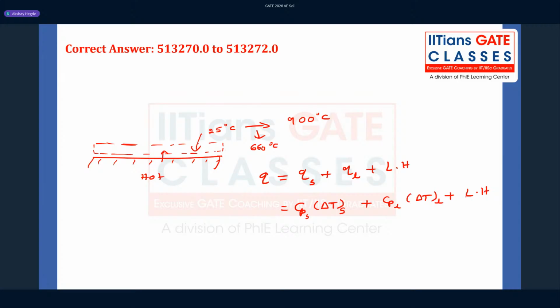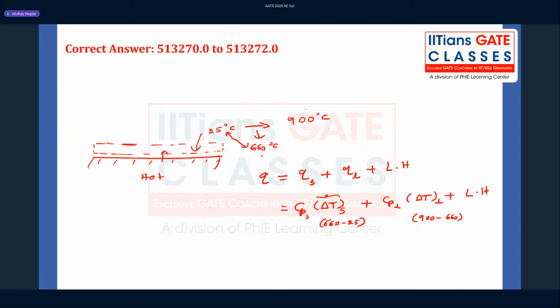Now in our question Cp is given for both states, but what is missing? First we have to calculate the delta T. In solid state it goes from 25 to 660 degrees Celsius, so this delta T is 660 minus 25. And from 660 to 900, I will have a liquid state, so this is 900 minus 660.